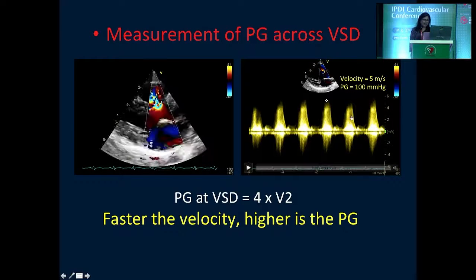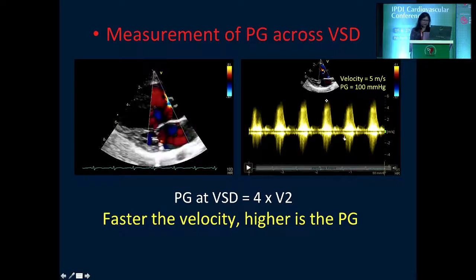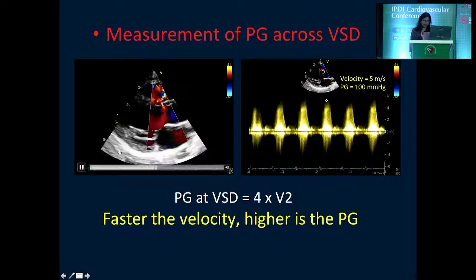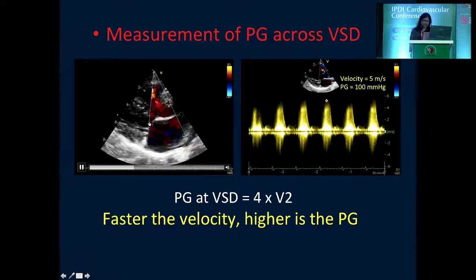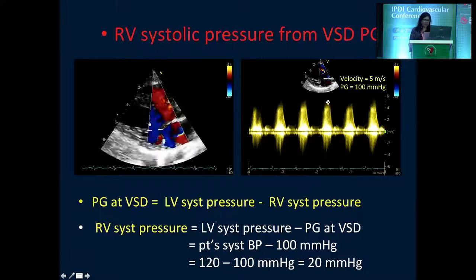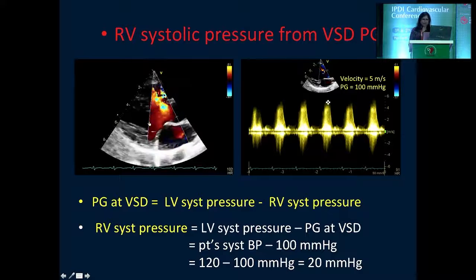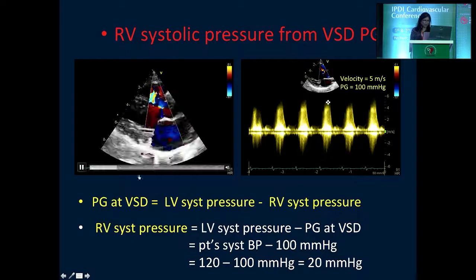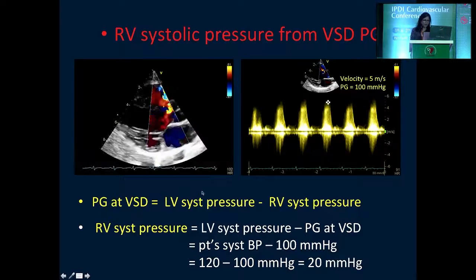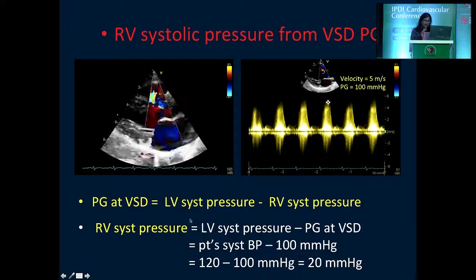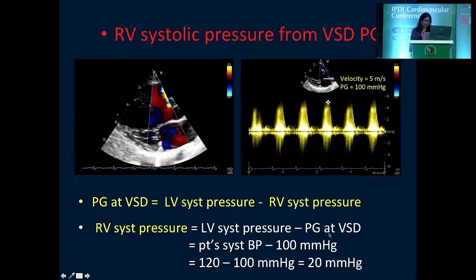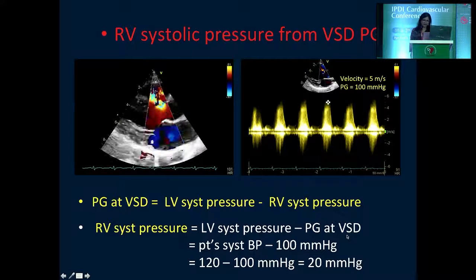Now, once we know the pressure gradient across LV and RV, it is not very difficult to calculate the RV systolic pressure in this case, because pressure gradient at VSD is the difference between LV systolic pressure and RV systolic pressure. So RV systolic pressure will be LV systolic pressure minus pressure gradient at VSD.